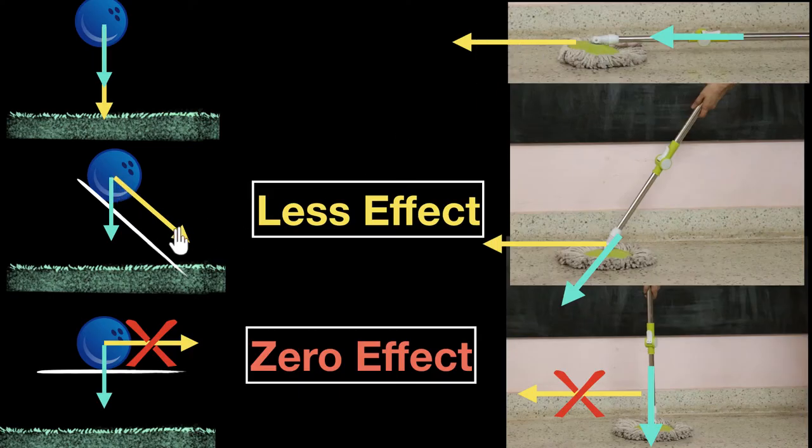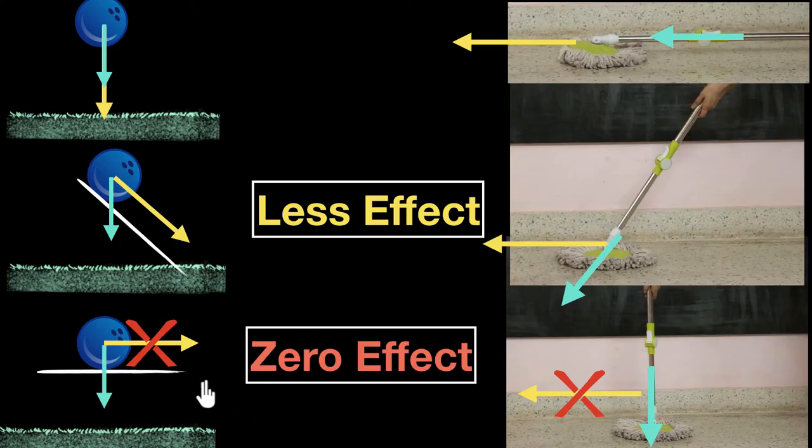But as the motion starts making an angle with the force, the effect reduces. And when the angle becomes 90 degrees, as you can see, the effect becomes zero. This is the most important thing, okay? This means that forces have no effect in perpendicular direction. It has zero effects in perpendicular direction.